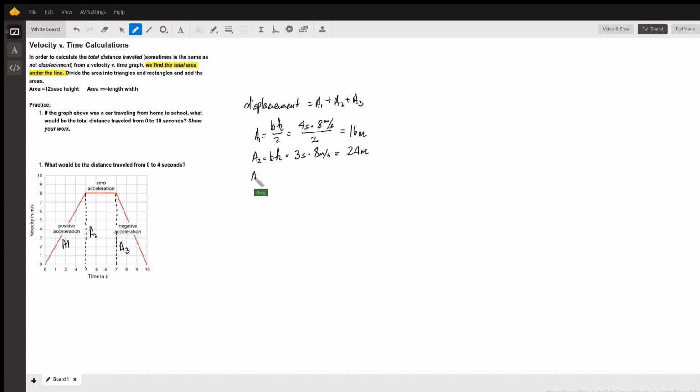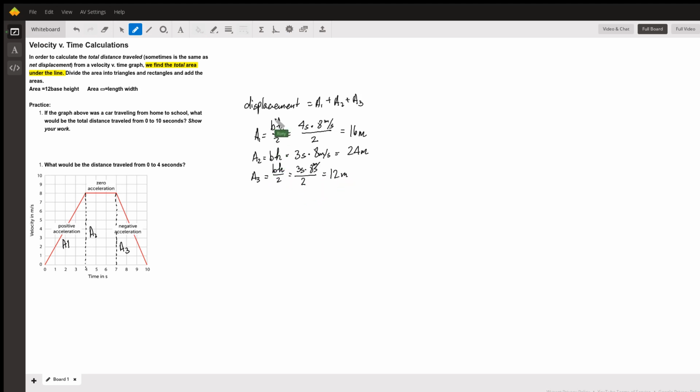And the final one is the third triangle, which is again base times height divided by 2. The base is 3 seconds, the height is 8 meters per second, and divided by 2. So we have 24 divided by 2, which is 12 meters.